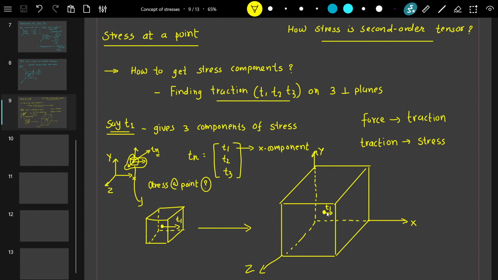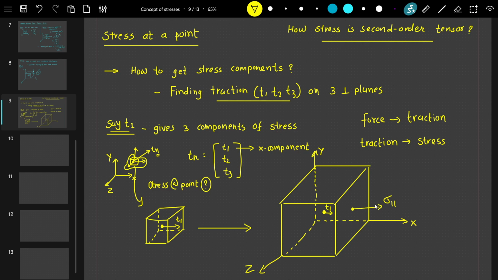If I take the impact of this T1 on the x plane, I get a stress component: sigma, the stress due to traction T1 on plane x. So sigma 1 1.